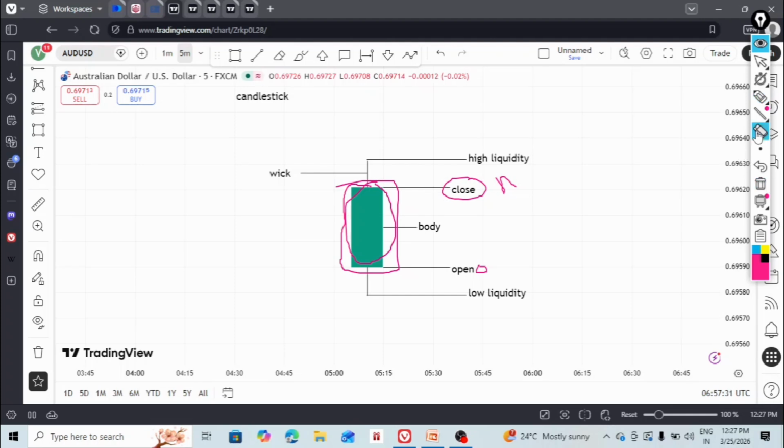In some trading platforms, the color doesn't really matter. You can customize it according to your wish, but I'm using green for the bullish candle. All of this together forms a single candlestick and helps traders understand what is happening in the market during that time period.